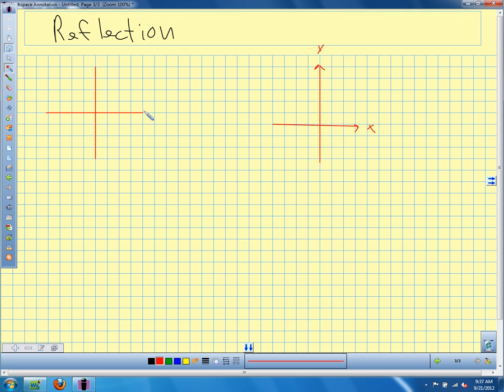So there are my axes, x and y. And we're going to put a point. We'll use our same point over 1, 2, 3, up 1, 2. And for our first one, let's reflect across the y. So we're going to reflect over the y-axis.